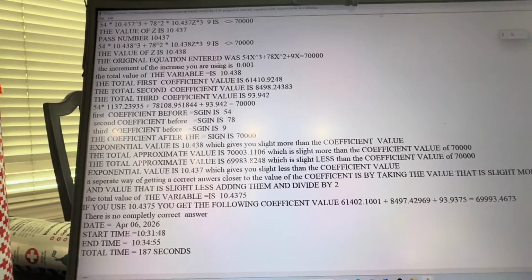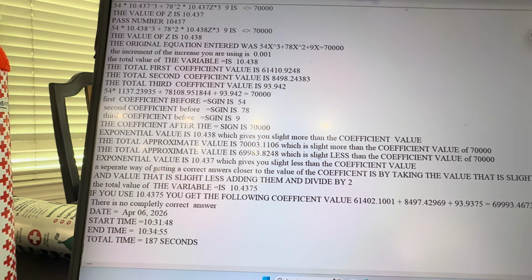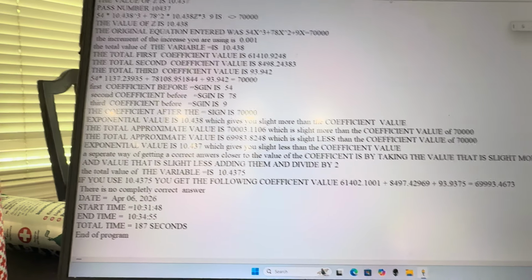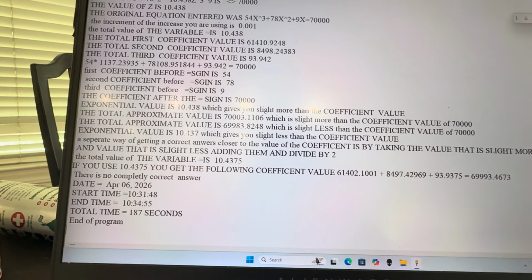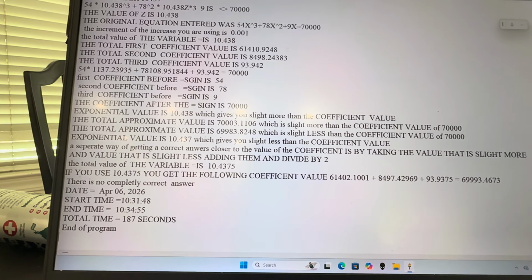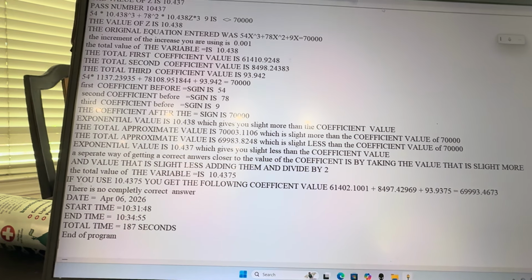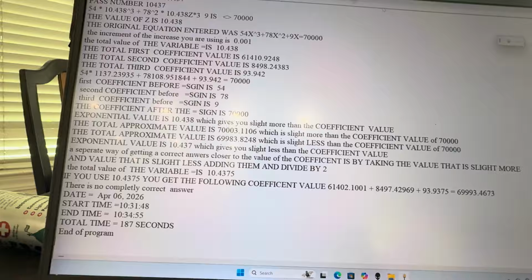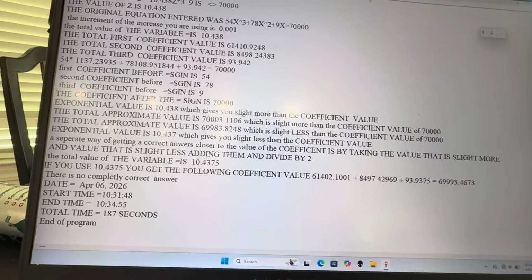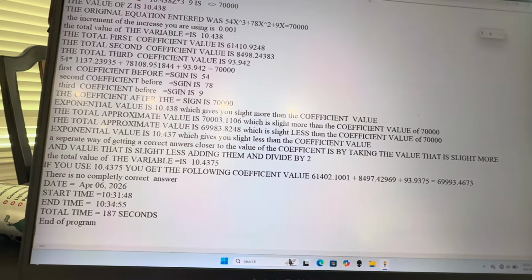All right, so in this example, the program solved the cubic in approximately 187 seconds total time. The variable value of 10.438 gives you a slightly higher coefficient of 70,003.1106.